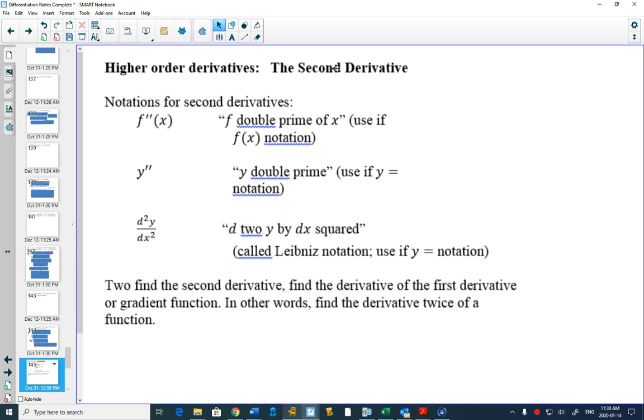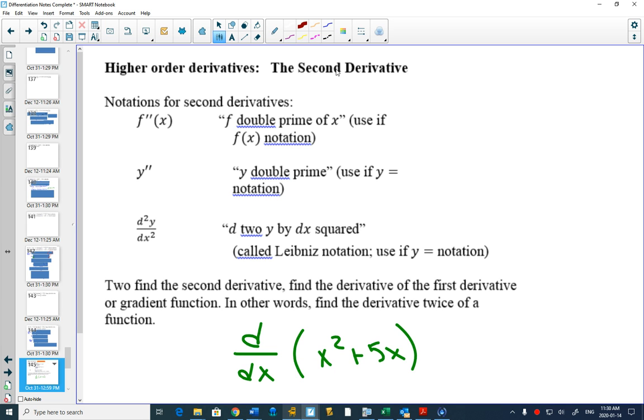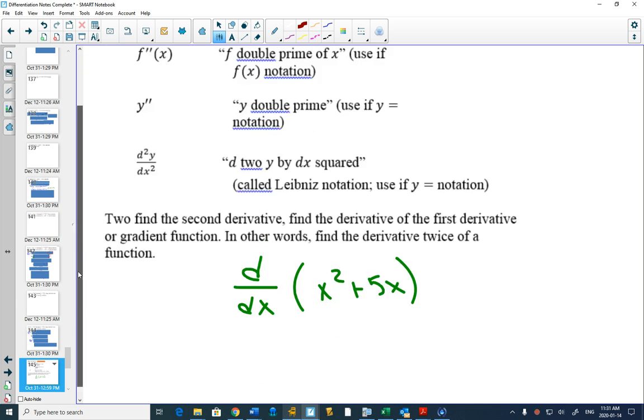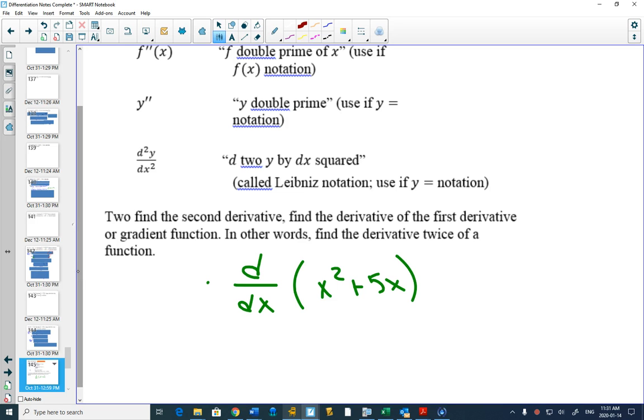Why is Leibniz notation the way that it is? Because remember this notation? This means do the derivative of that, right? So if you did the derivative twice, do the derivative of that, can you see that you would have the d twice and the dx twice on the bottom?